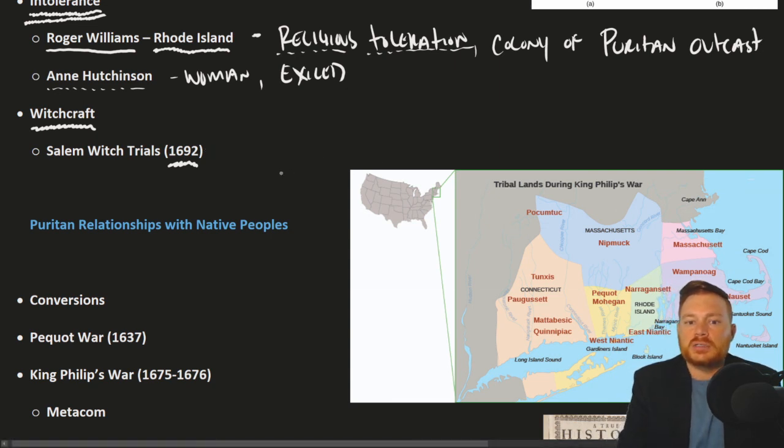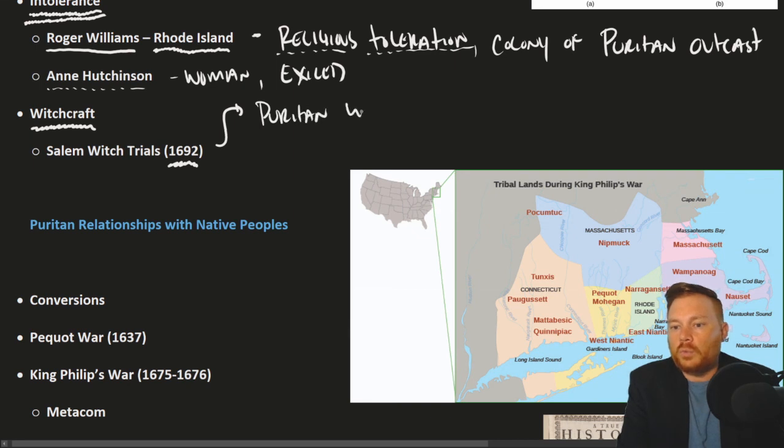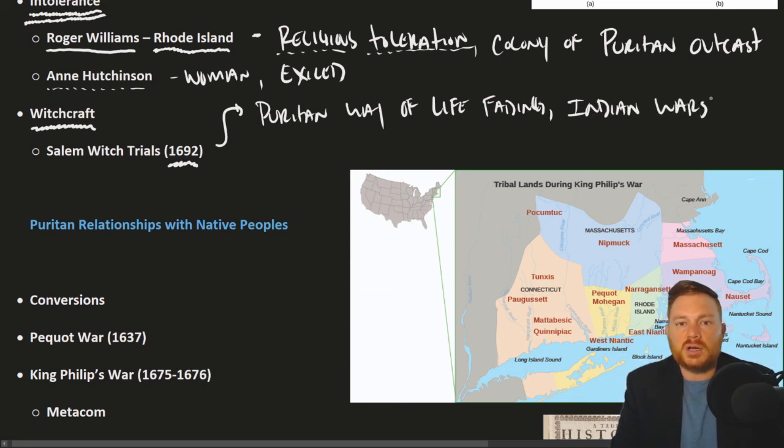We might say that some of the causes of this was a combination of the Puritan way of life fading. We'll talk more about how this changes. But also the threat of Indian attacks or Indian wars. The Puritans believed Native Americans to be savages, not Christian.